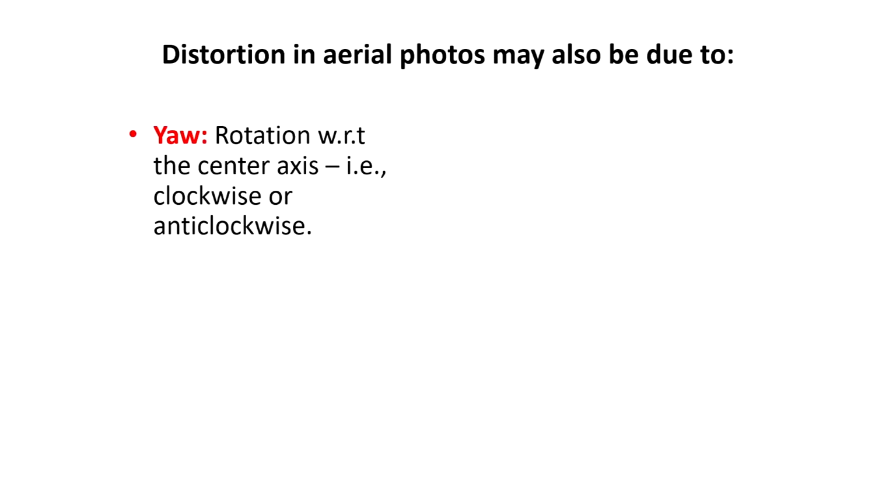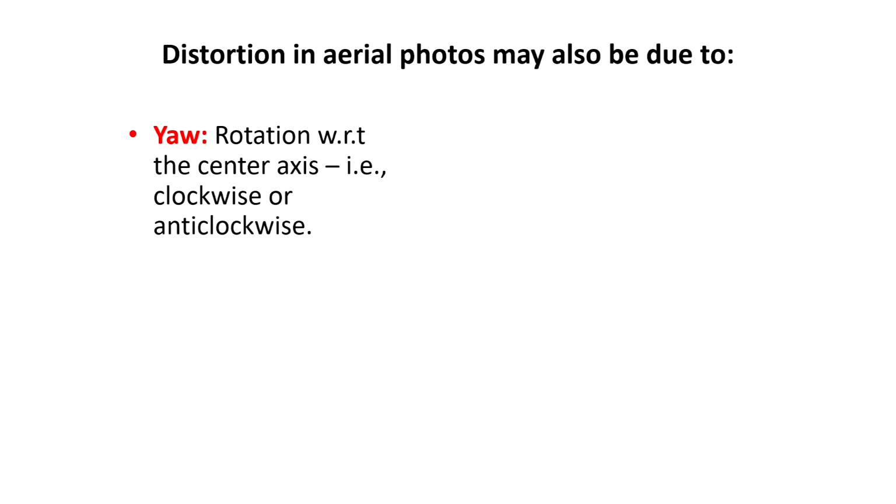Okay. Now another topic which we were talking about is your relief displacement. Okay. And there are methods to do that, but the method which we are trying to explain is also a robust one, and mostly it has been followed. So distortion in aerial photos may also be due to, as I told you, that it is not always that we will have a very stable flight.